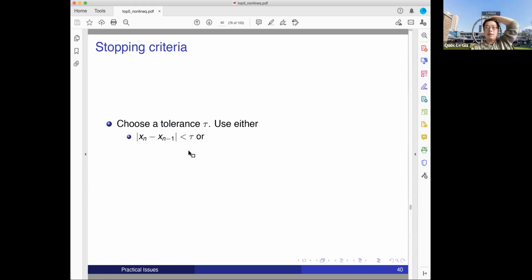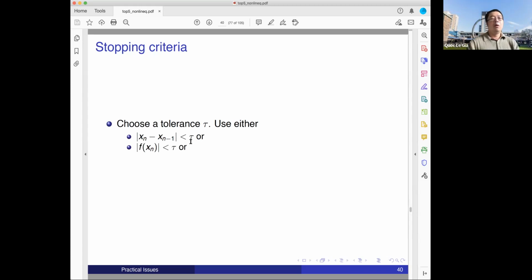Remember, in this case you don't know the exact solution. So you just look at the successive approximations, and if the difference gets smaller and smaller after every iteration until it is small enough, then you cannot improve it anymore, so you can stop.